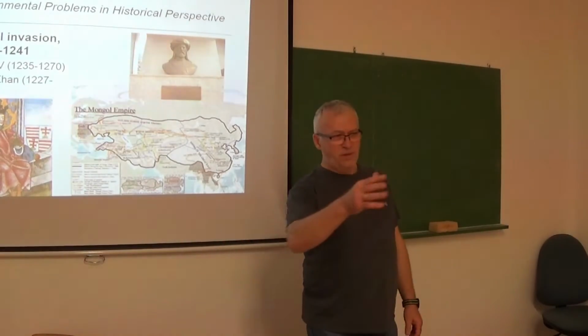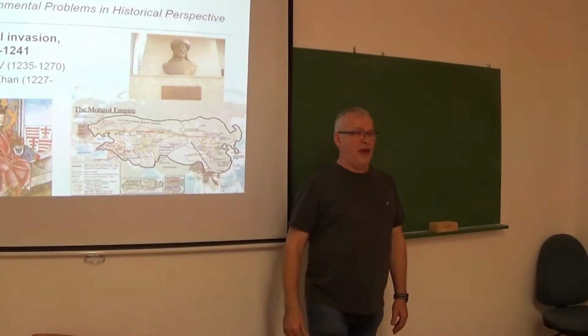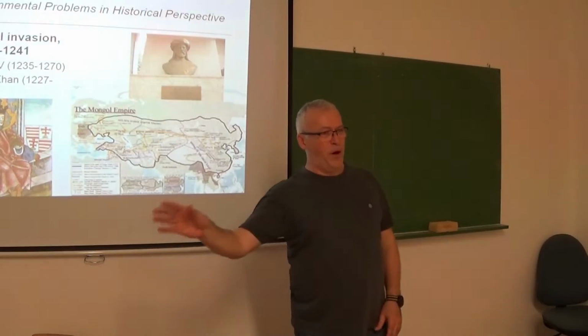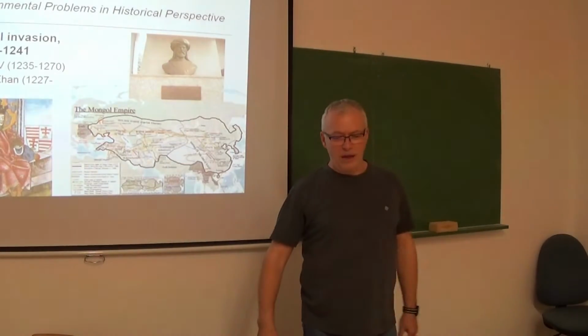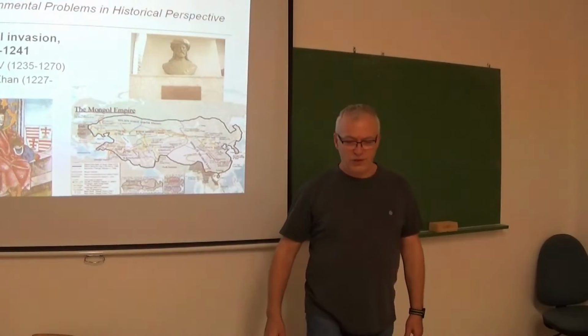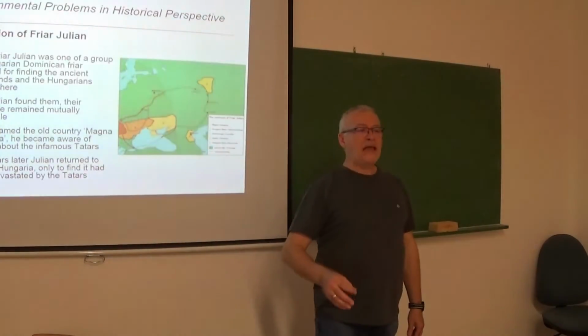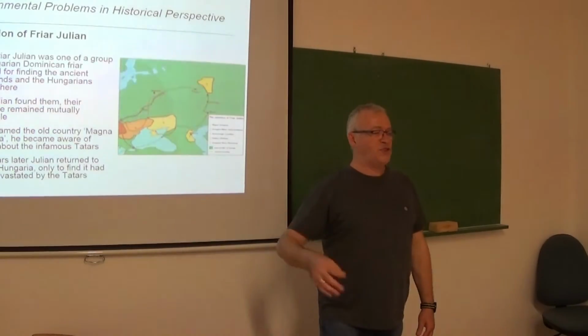In this invasion, both sides, the Polish army and the Hungarian army, lost the battle. And why is the story interesting for us? Because the Hungarians had information about the invasion of Mongolia.